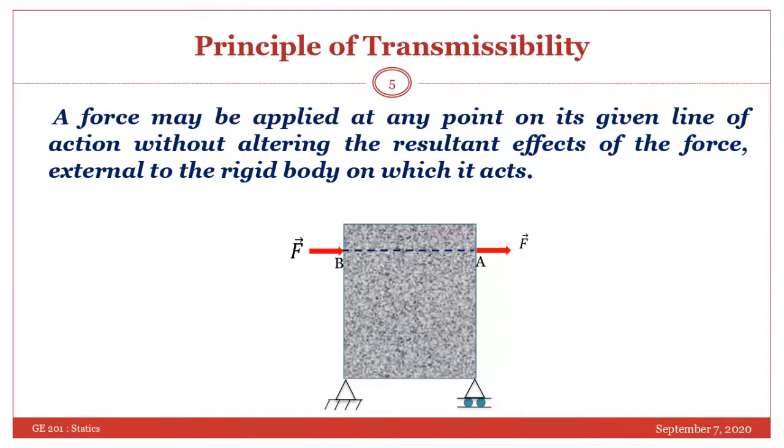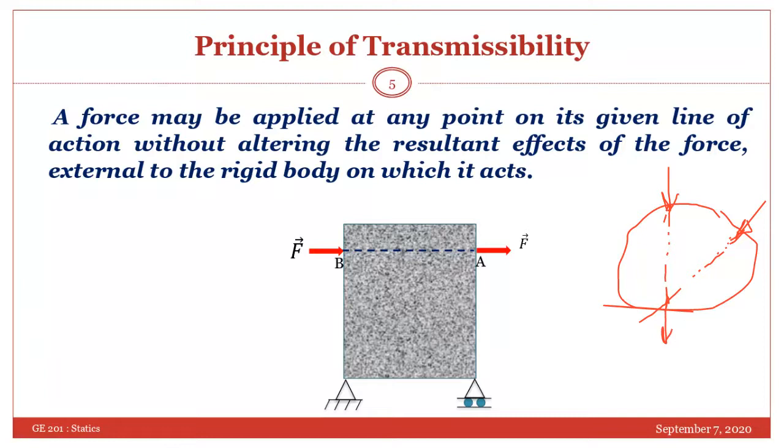For example, if this is the body and here is a force acting and here is another force acting, and you want to find the resultant of these two, you can move this force along its line of action. You can move this force also along its line of action. So this force will become here.